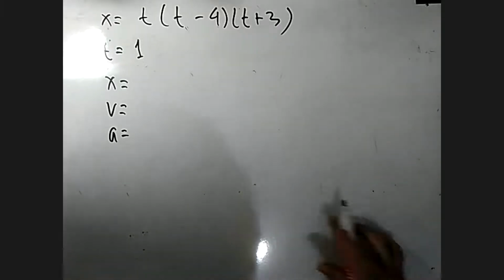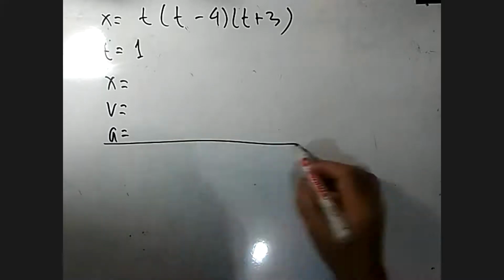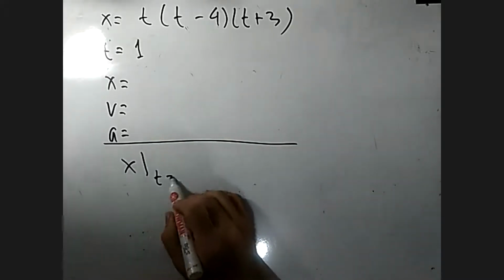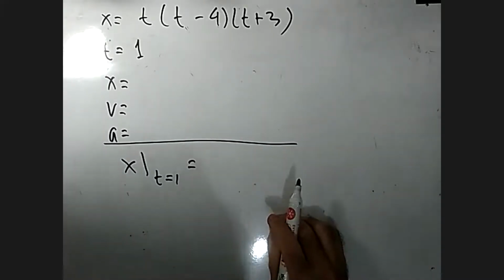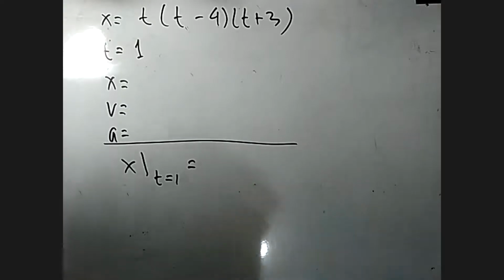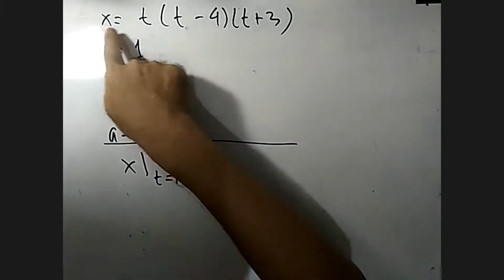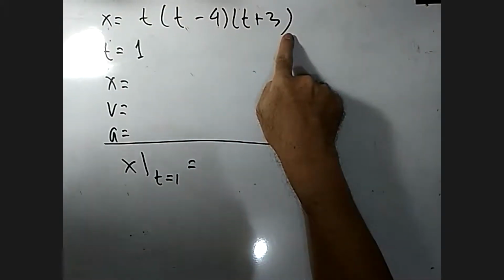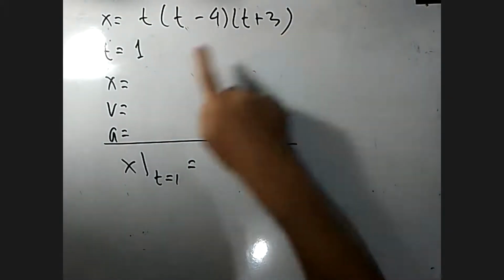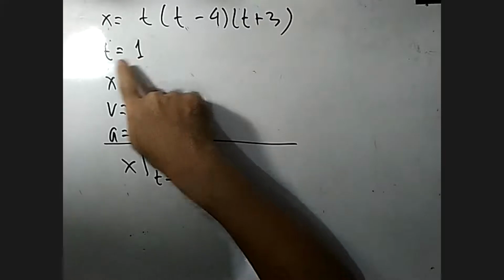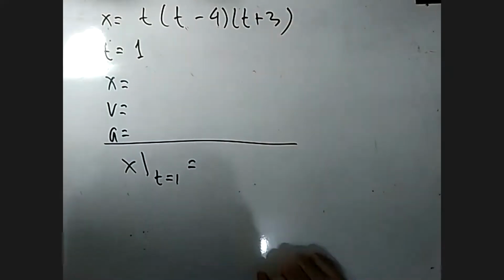Displacement. Wait, thinking. When you have the displacement, you already have the formula, right? There's already the formula. So what you do is you just need to put 1 for every t you have.